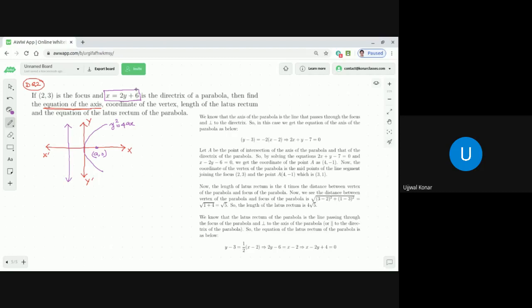Because this straight line has a slope of 1/2, correct or not? So its perpendicular straight line should have a slope of -2. That's what we are seeing. Now at the same time it is passing through the focus, that is (2, 3). So that should be the equation of the axis of the parabola, no, dear students?